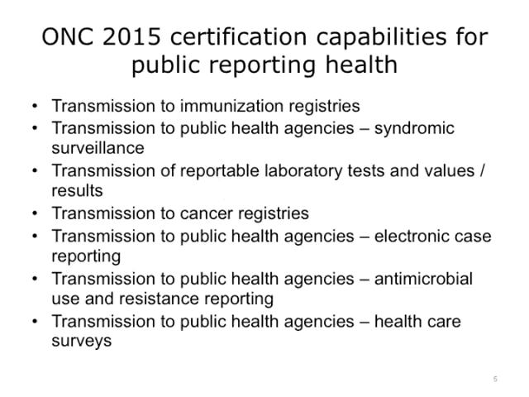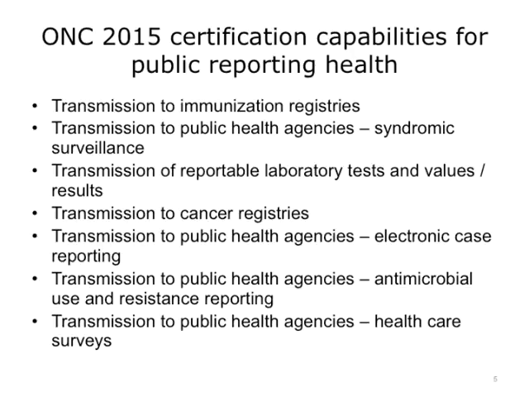ONC 2015 certified systems can be certified to have the following public health capabilities: transmission to immunization registries, transmission to public health agencies for syndromic surveillance, transmission of reportable laboratory tests and values/results, transmission to cancer registries, transmission to public health agencies for electronic case reporting, antimicrobial use and resistance reporting, and healthcare surveys.